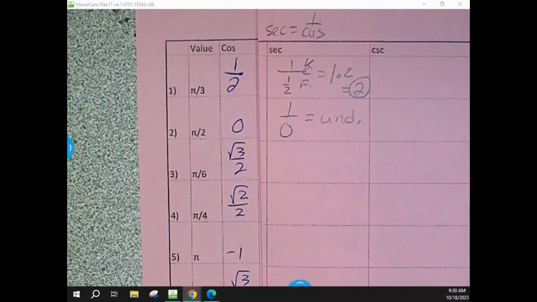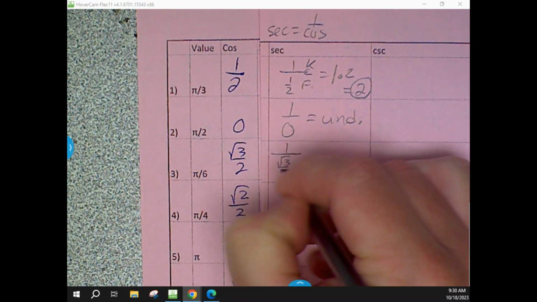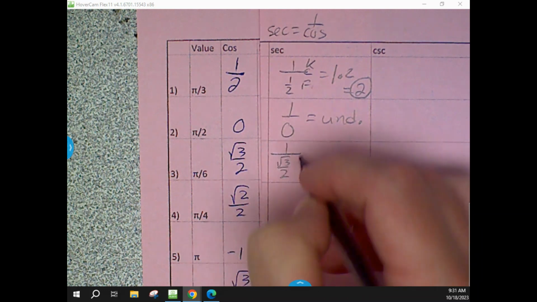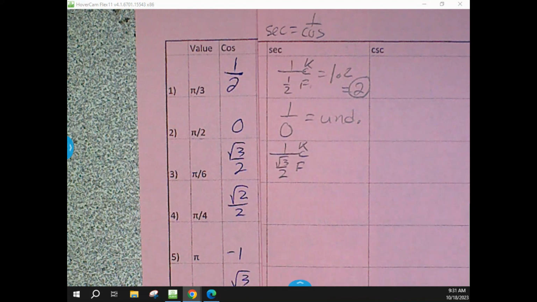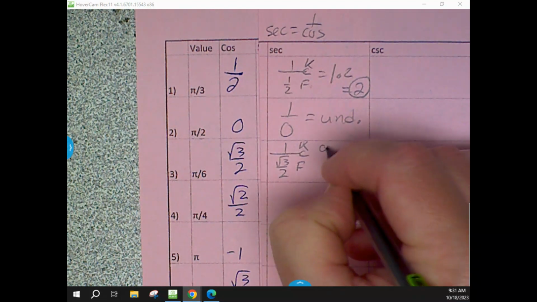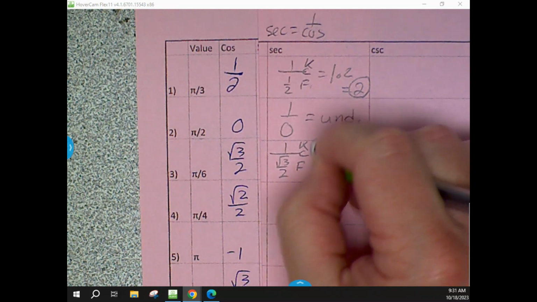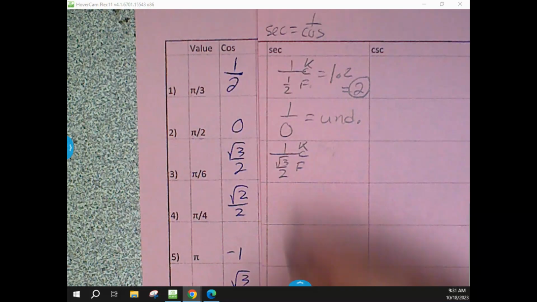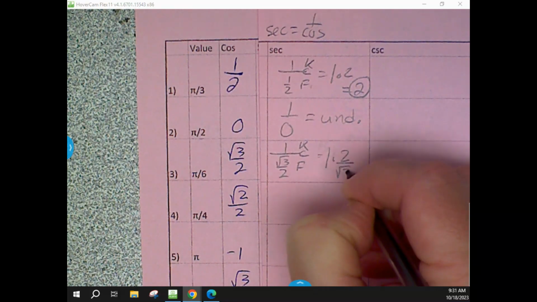All right, now here's where the fun kicks in. Because if we do 1 over square root of 3 over 2, we're going to keep the 1, we're going to change the division sign, and we're going to flip the square root of 3 over 2. Okay, and we're going to run out of room. Actually, we'll put it out beside over here. We'll be okay. If we run into the cosecant part of this one, it'll be fine. So that's going to be 1 times 2 over square root of 3.